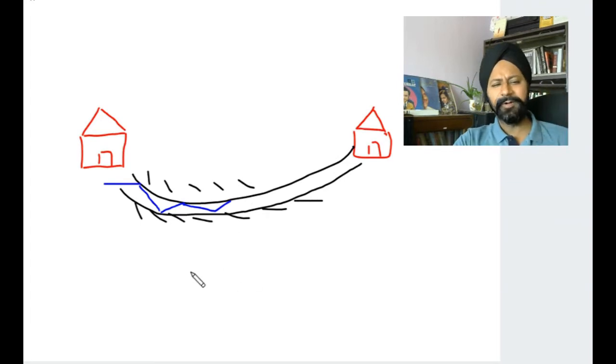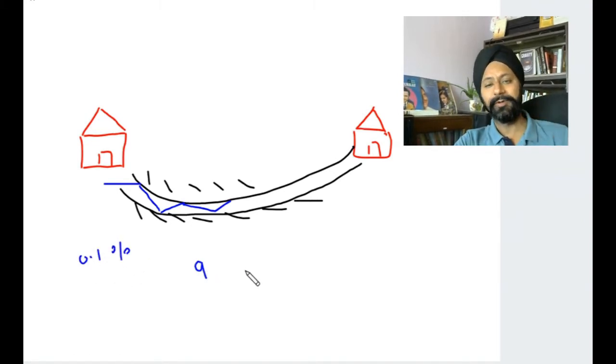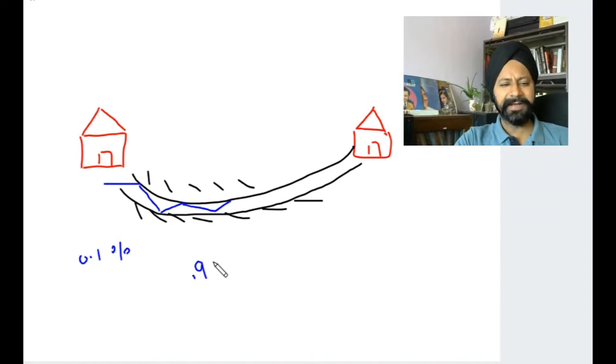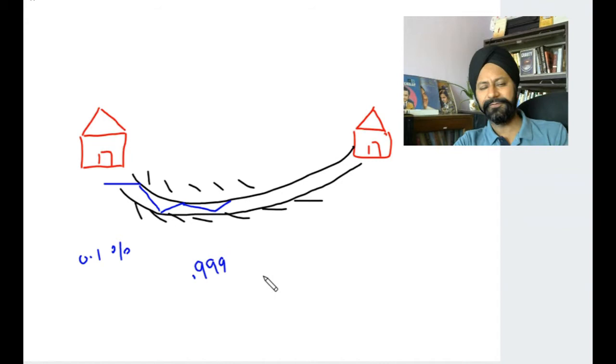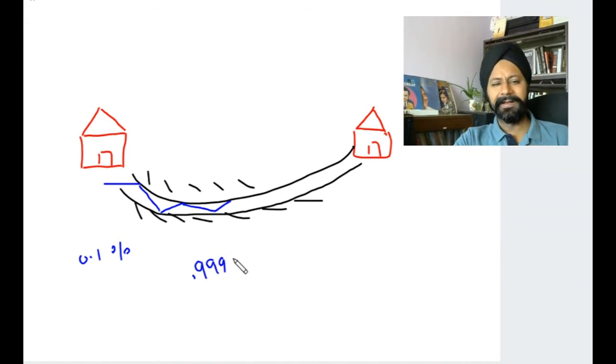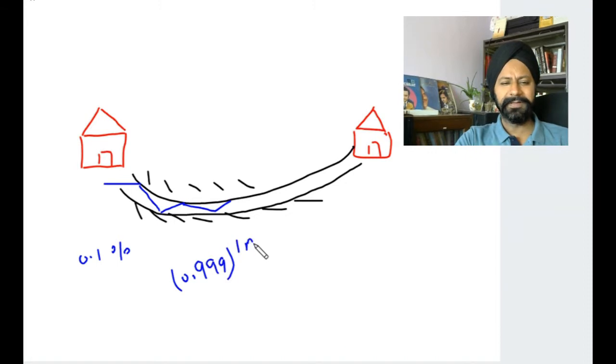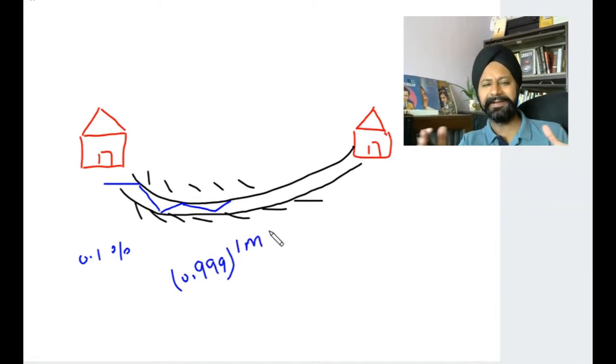Let's say it is a very high quality, very costly mirror, and it absorbs 0.1%. But then every time the light is reflected back, it has that much less energy. With millions of those reflections, you have to take it to the power of 1 million. Think about the exponential decay that is happening here.